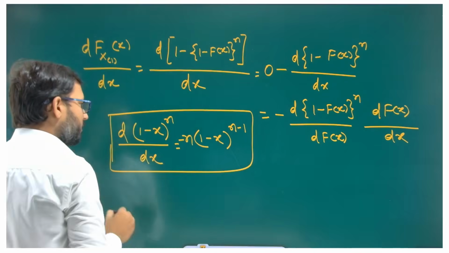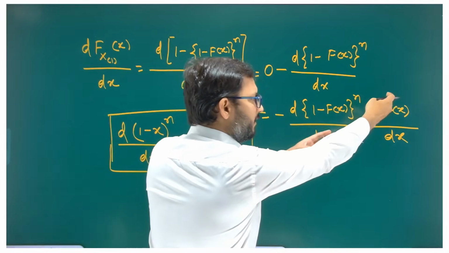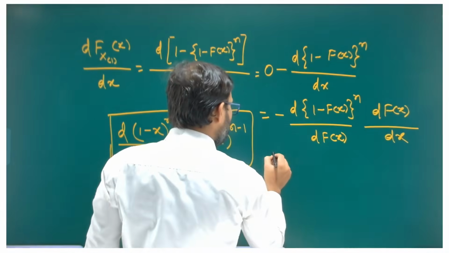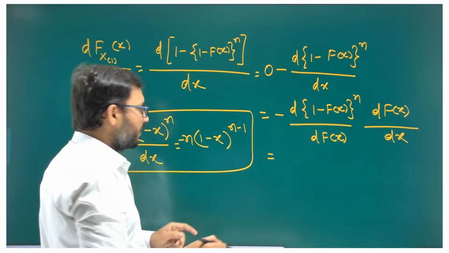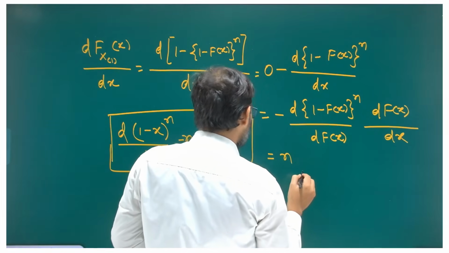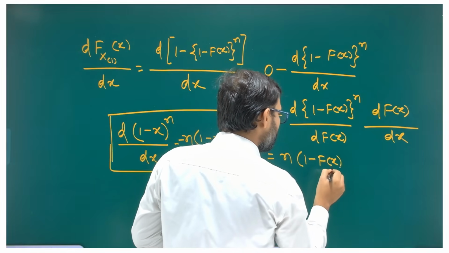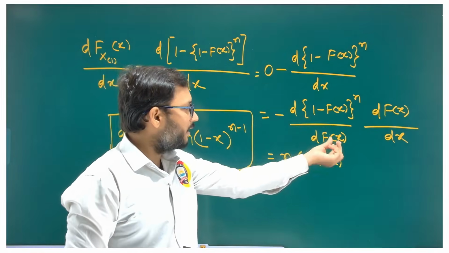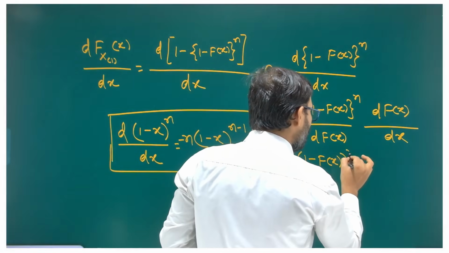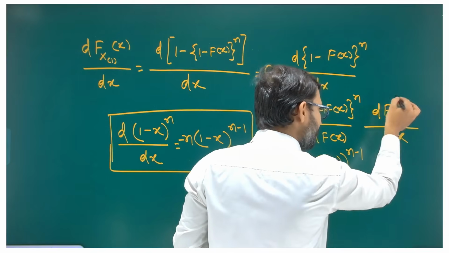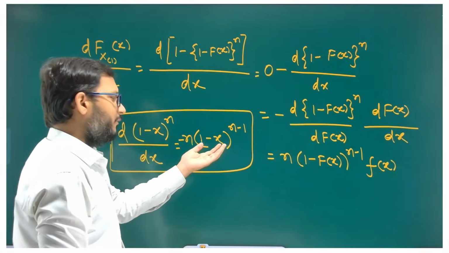So this is the formula I have applied. Now this is the small f(x), you know already. So this is minus and minus, so minus minus plus, it will become n times 1 minus capital F(x) to the power n minus 1, and then small f(x).